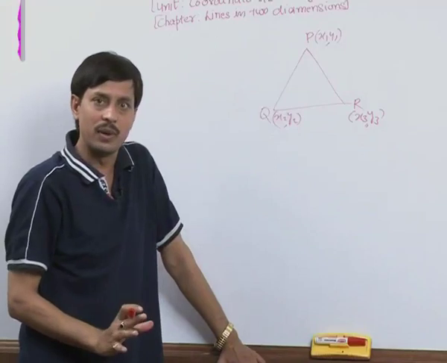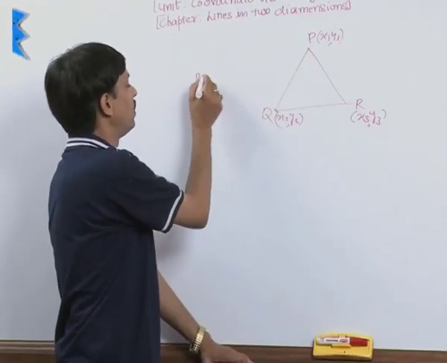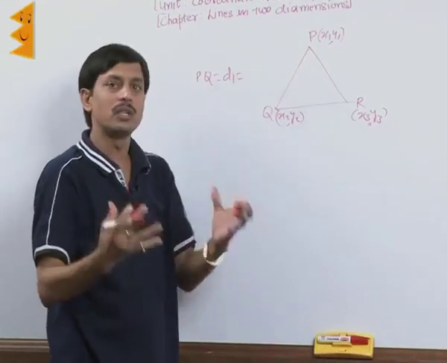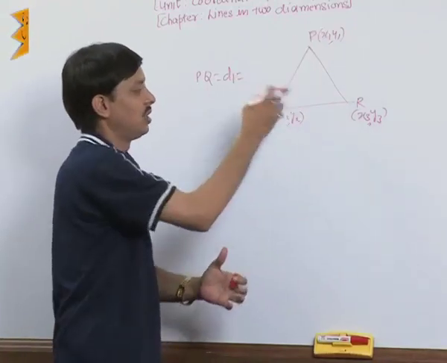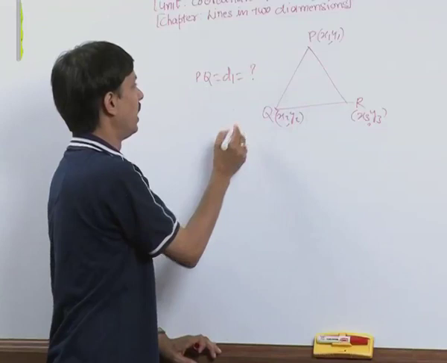If coordinates are given, then by using the distance formula we can find, let us suppose PQ is the first distance d1, and this is very easily extracted using the distance formula between two points.